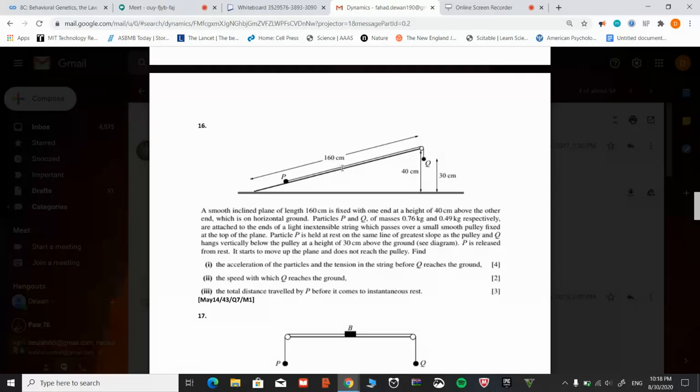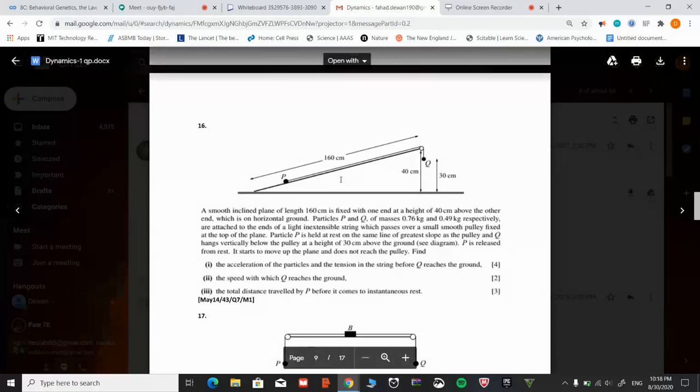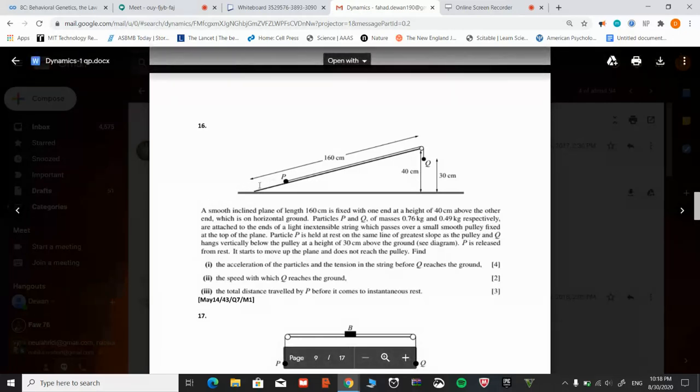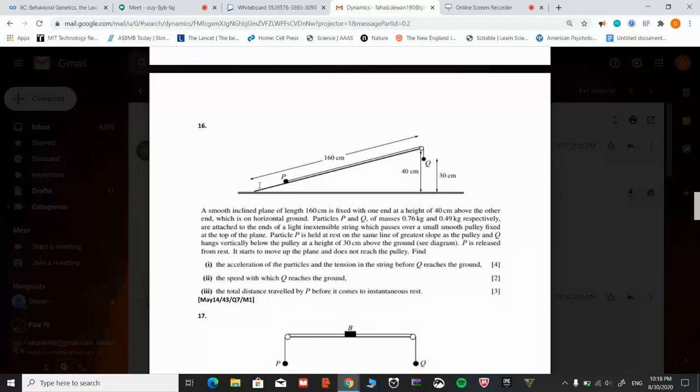P will go up a bit until mg sine theta, the weight component down the plane, stops it. We have to assess these, keep them in mind. And again, I'll show this with the diagram in a bit.